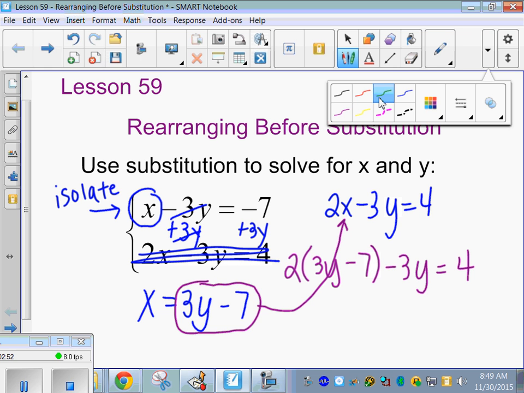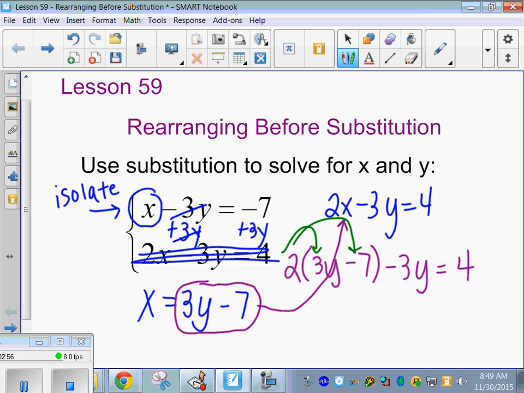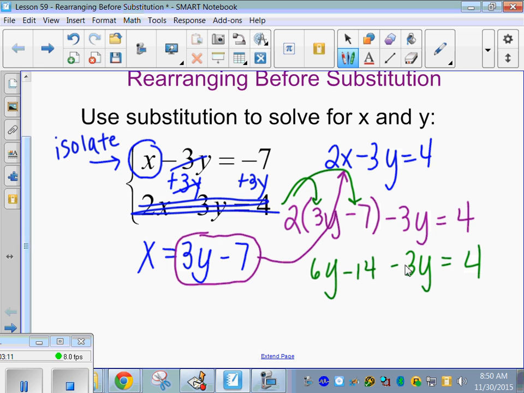Okay, Jordan, what's the next step? Yeah, we're going to distribute there to there, there to there. So, Evie, what do I get here? Good. 3y equals 4. All right. And then, Evan, what's my next step?